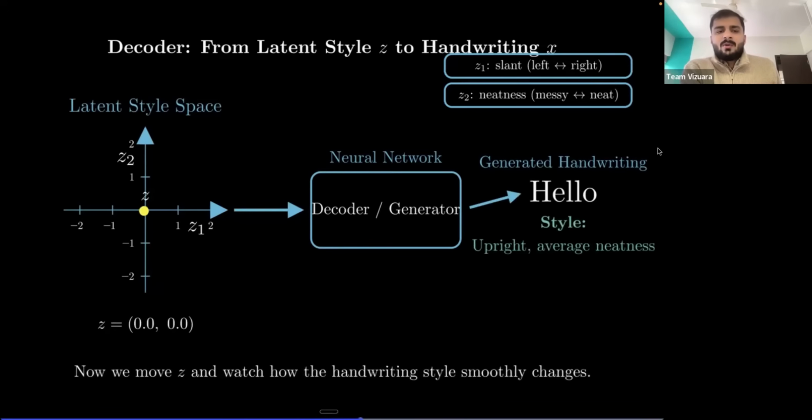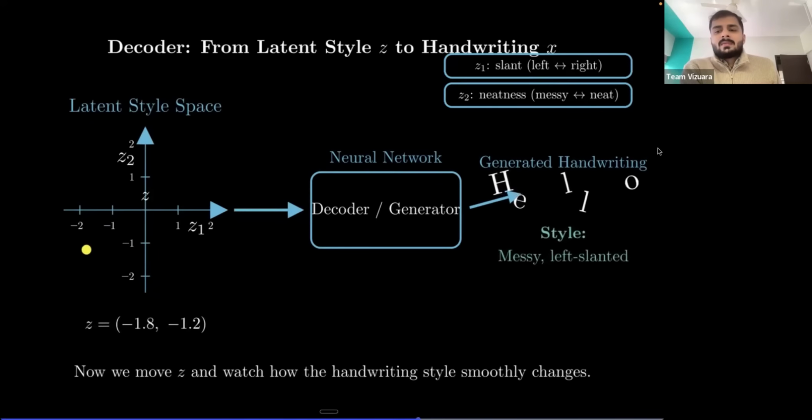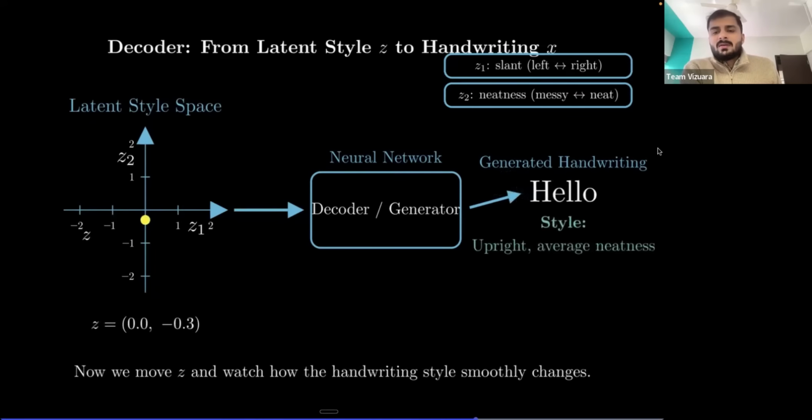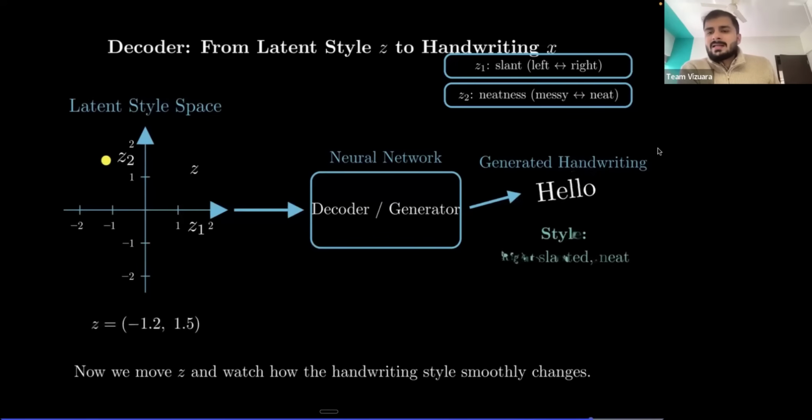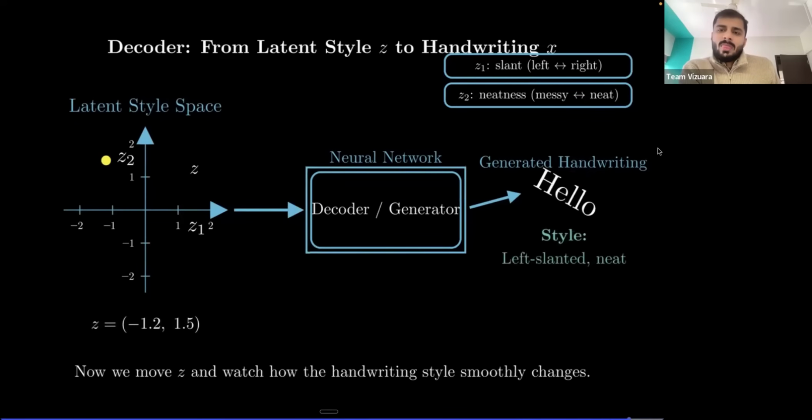So now you will see the yellow point moving around. If it moves down, you will get a specific handwriting style, which is slanted towards the left. And if it moves to the right, you will get another handwriting style, which is very specific. So the handwriting style changes as the yellow dot moves in the latent space, which is exactly what we want our decoder to do.